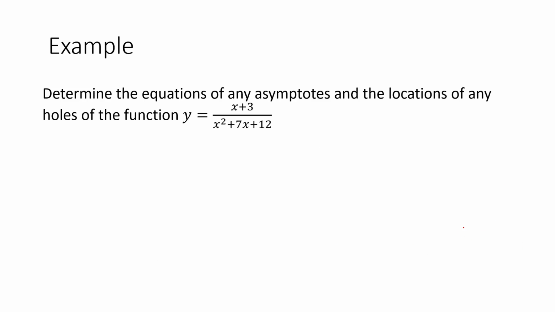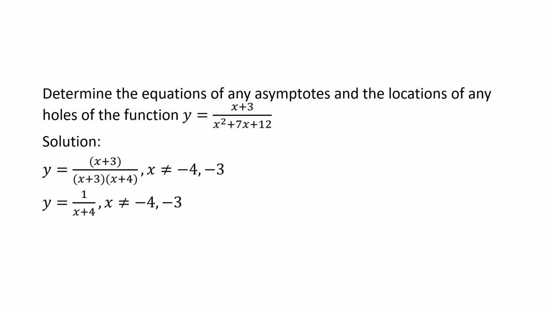Okay. Now, how about looking for asymptotes and holes for this expression right here? We see we've got (x + 3) over (x + 3)(x + 4). What we can do is cancel out the x + 3's, and we're left with 1 over x + 4.